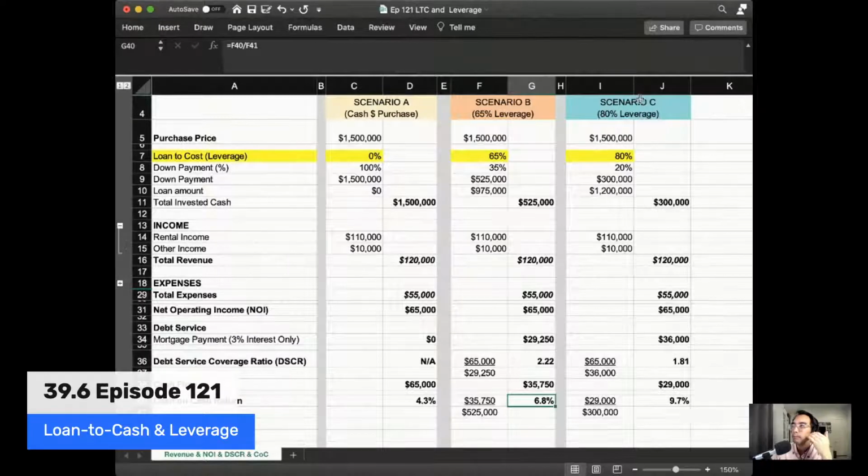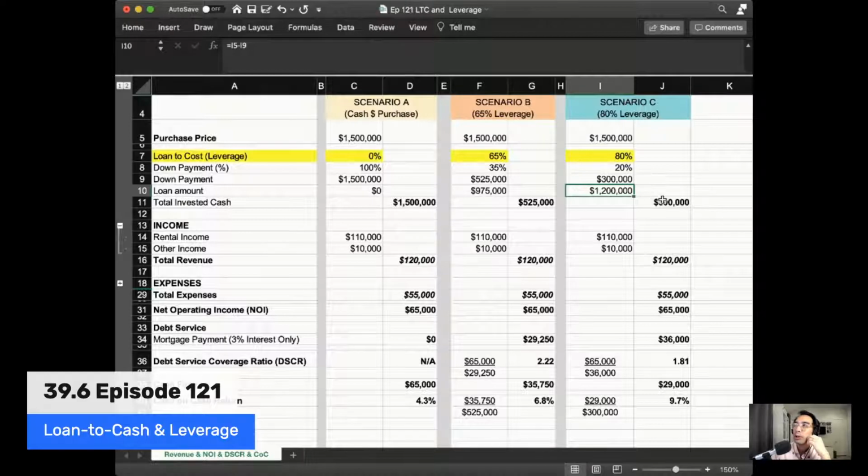Now, scenario C is more leverage. You're at 80% leverage. That means you're taking an 80% loan to the cost of the asset. So the $1.5 million property, you're doing 80% loan and 20% down payment. That comes out to being a $300,000 down payment and a $1.2 million loan. This is what we covered yesterday.